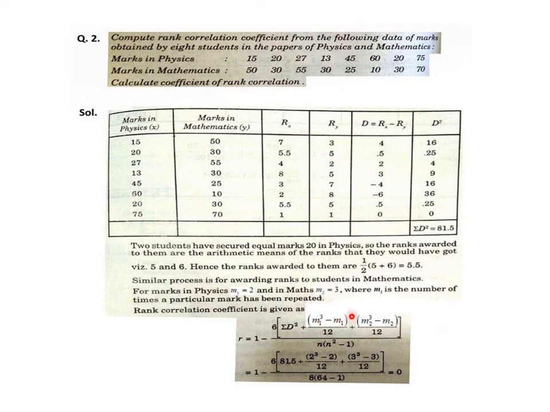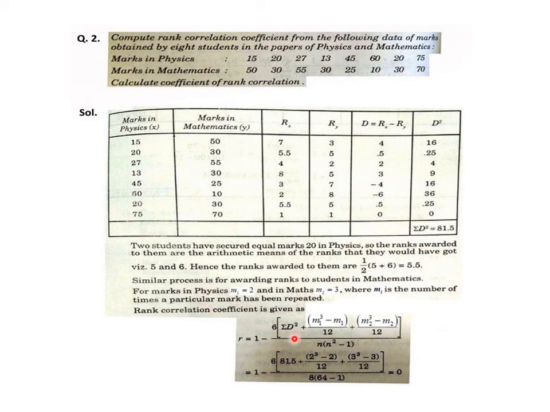So M1 cube minus M1 upon 12 is added, plus M2 cube minus M2 upon 12 is also added. Suppose M3, one more repetition, is there in either the X or Y series, then you have to add one more term in that formula, plus M3 cube minus M3 upon 12. So it's about the number of repetitions. How many values of Mi are there? Only two. So two terms of this pattern are added here.